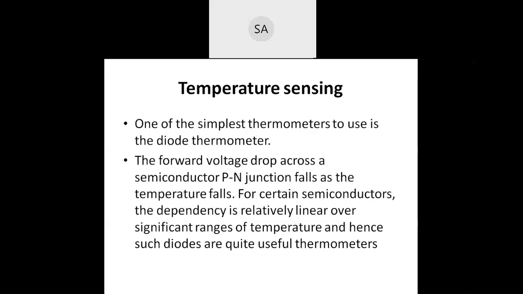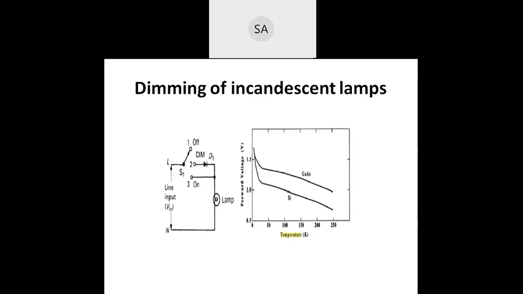So here the diode can be used to sense the temperature due to the change in forward voltage with change in the temperature. As the temperature changes, the voltage drop across the diode also changes. Here we have the characteristics for this temperature sensing.